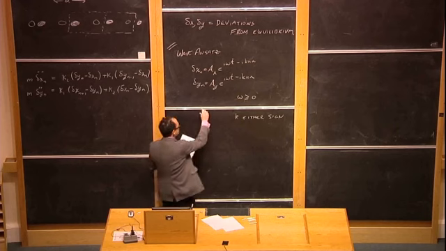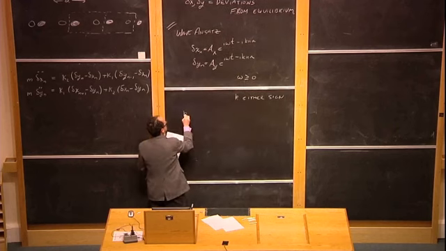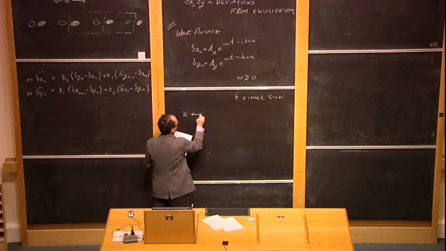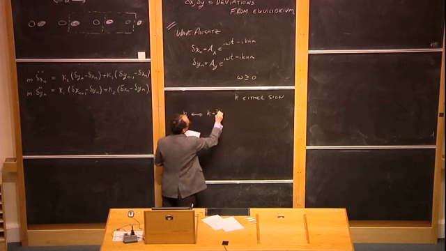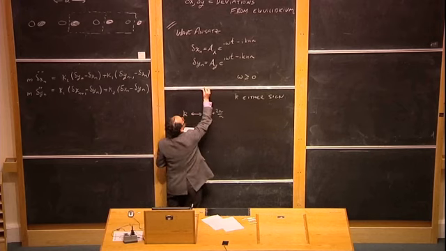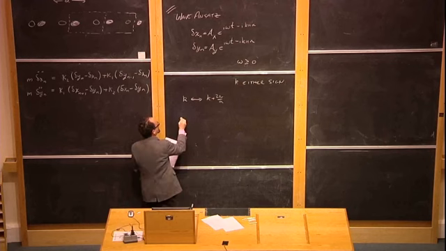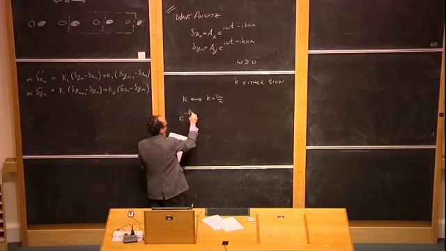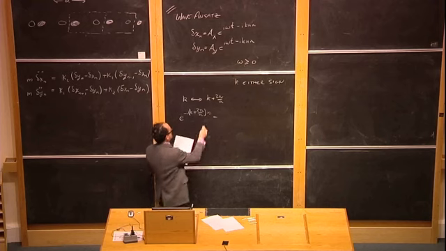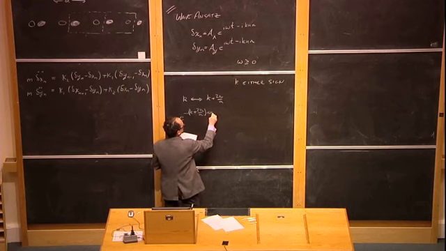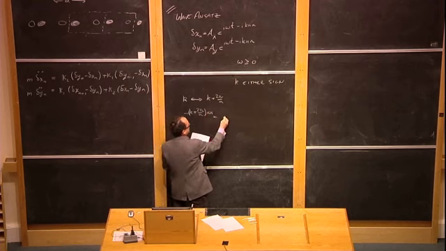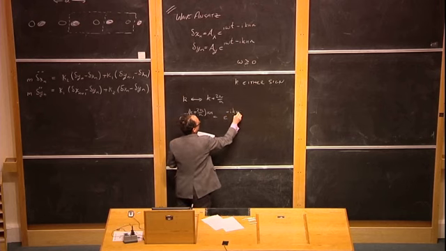Now, as with last time, we realized that if you take k and you shift it to k plus 2 pi over a, you get back exactly the same wave. And the reason for that is because if you look at the exponential factor, e to the minus i k plus 2 pi over a times n a is equal to exactly the same thing as e to the minus i k n a.